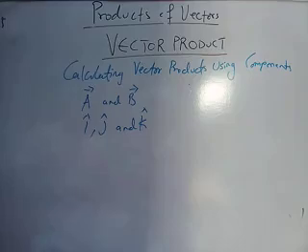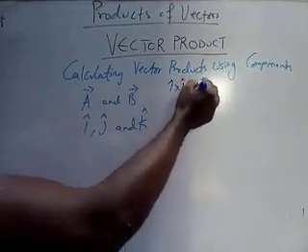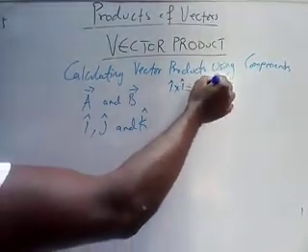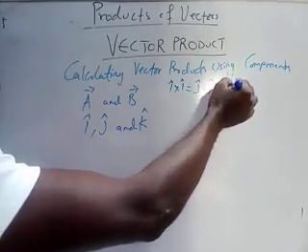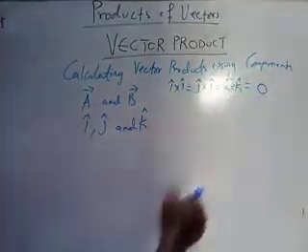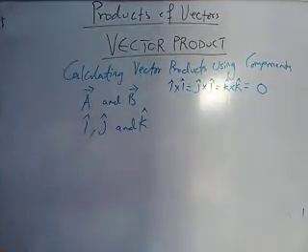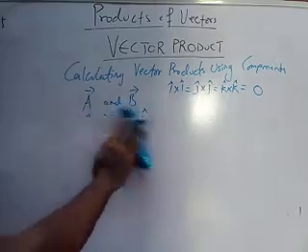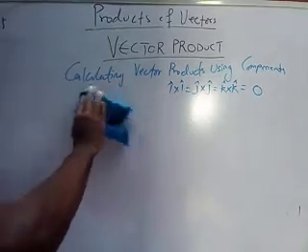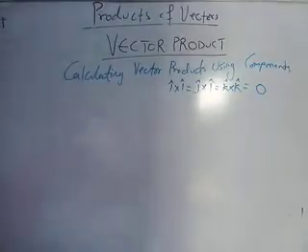That means I cross I is the same as J cross J, the same as K cross K, which is 0. Take note of that. Take your time to process it.